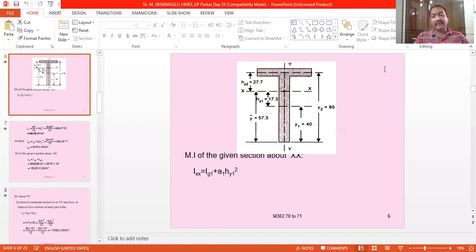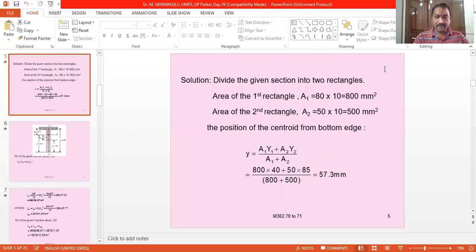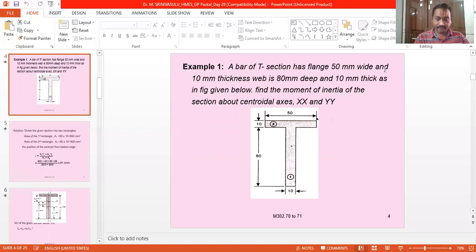The y coordinate we have to find out, and the x coordinate we know very well. First of all we have to define the reference axis. The leftmost edge is the 0 point for the x-axis, and the bottommost edge is the 0 point for the y-axis. So we have defined the two reference axes.